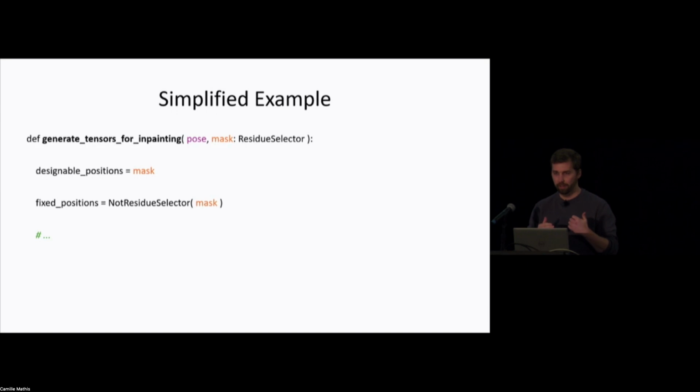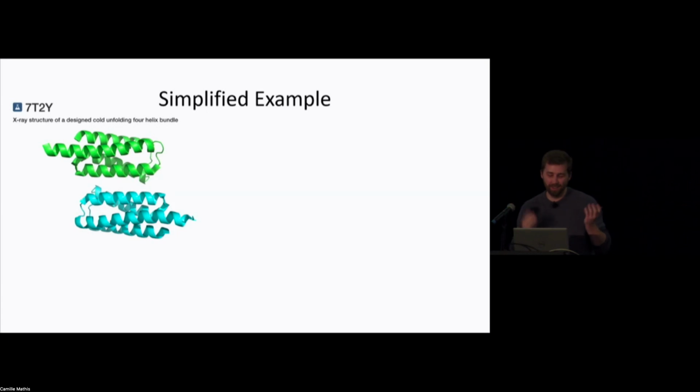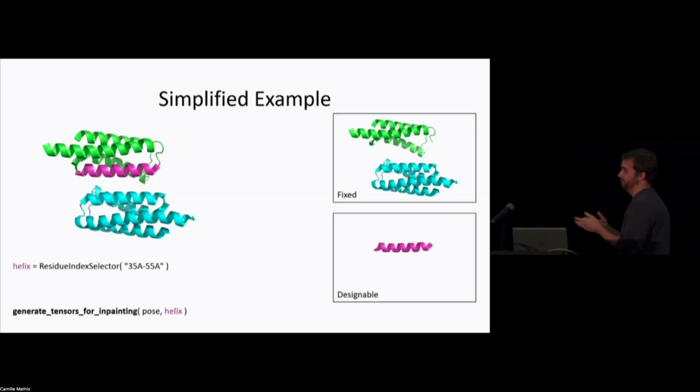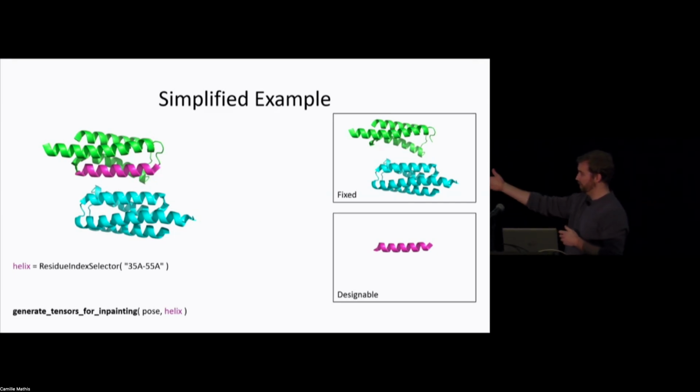It's tough to visualize residue selections on a slide, so I'm just going to use PyMol figures like this. This is a structure I worked on at UNC, and I just like to give it screen time. Any pose works, right? So you can imagine just selecting the helix in the green chain as a residue index selector in the bottom left.